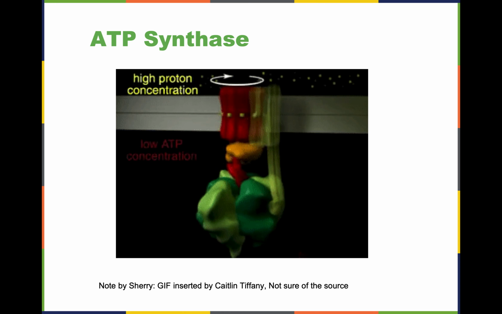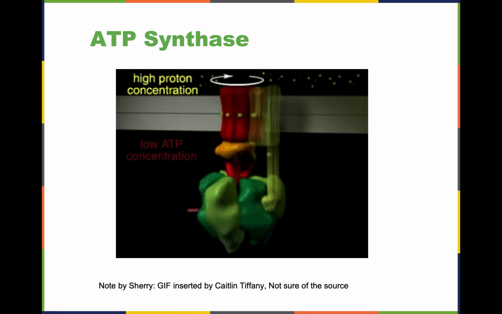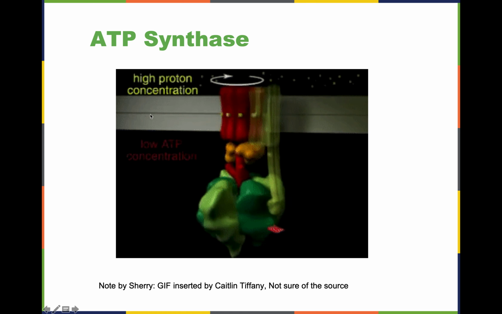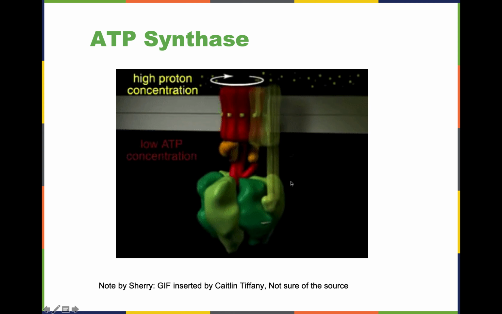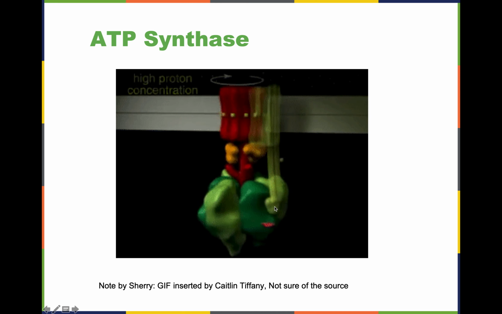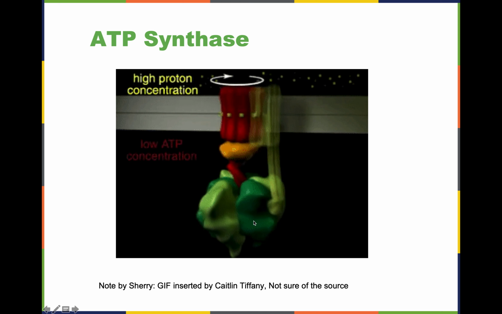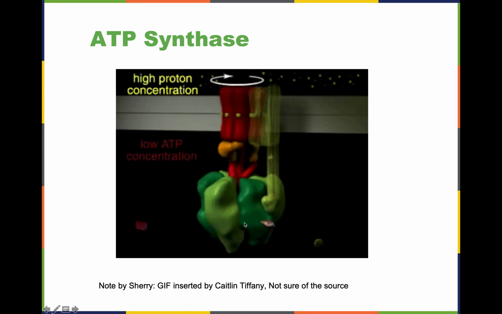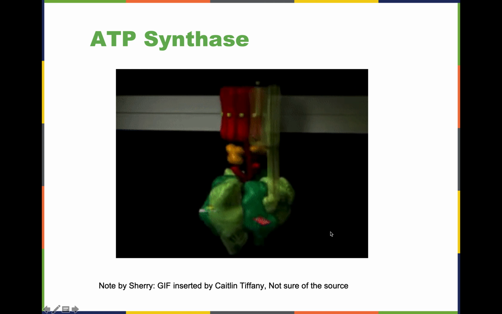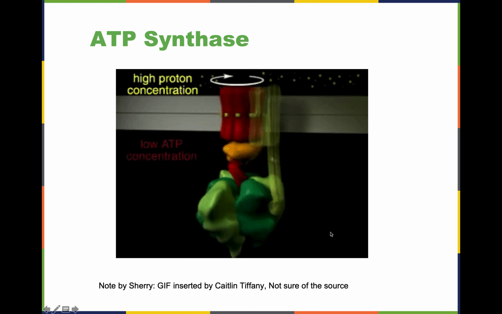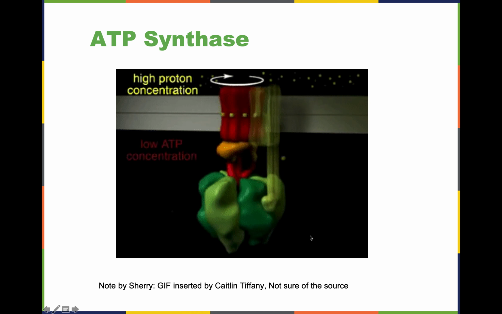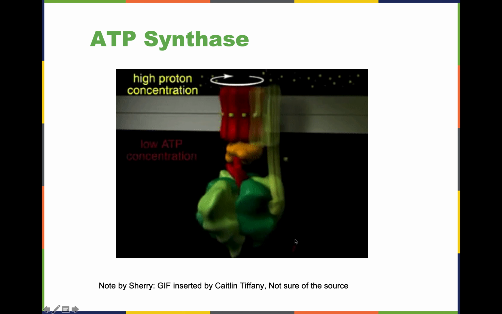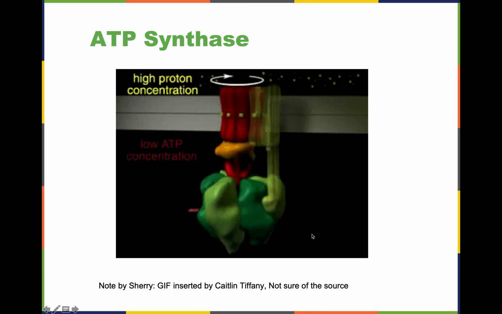This is the tiniest pump in the entire world. As the protons go down the channel, it changes the conformation of the molecule down here. This is the active site. This is where ATP is made. Now look down here. You can see that ADP and phosphate are going in, and then ATP is coming out.